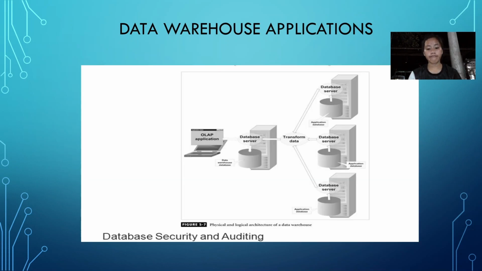So this is the database security and auditing model. So we have here the OLAP application, database server, transfer data, and as you can see on the right side, the database server, which transforms data and goes to the database server and also the OLAP application.